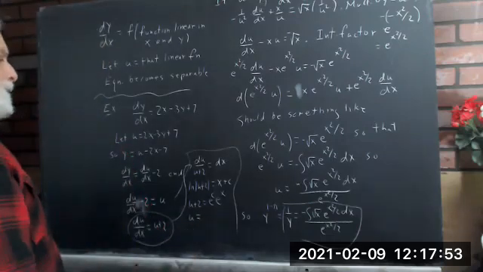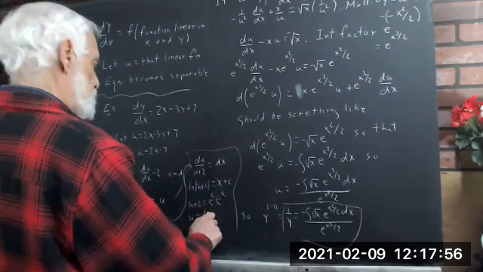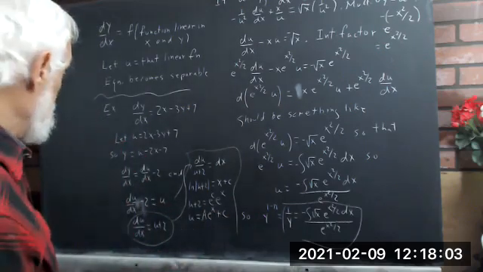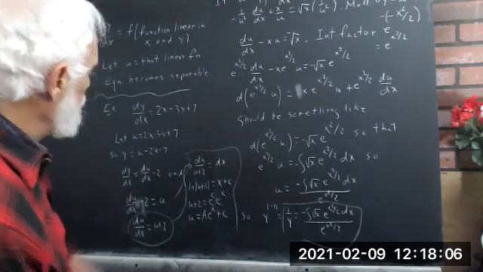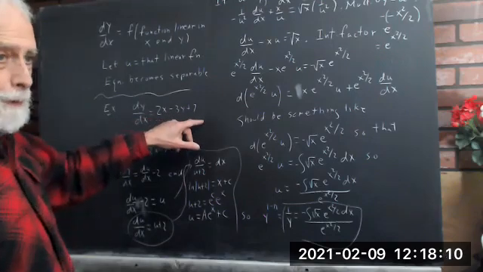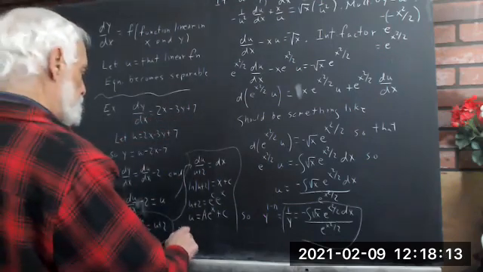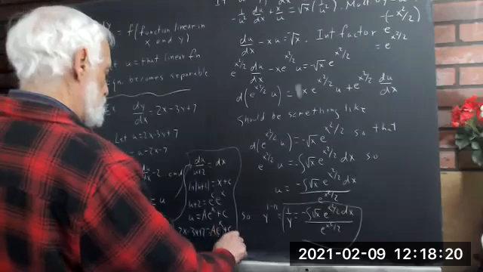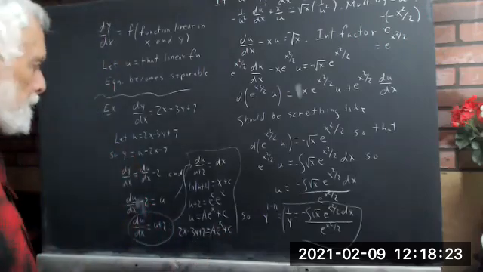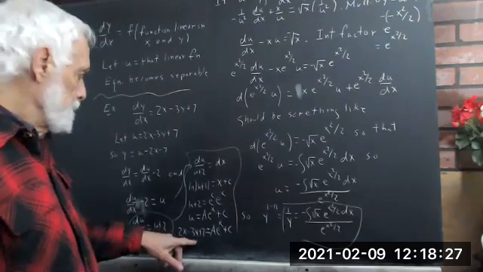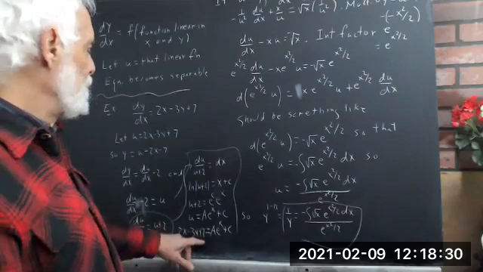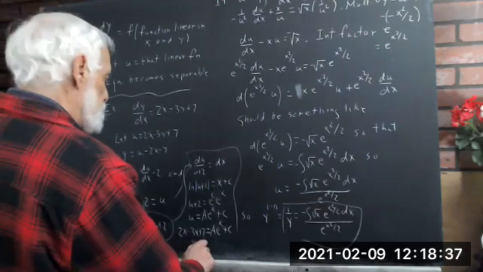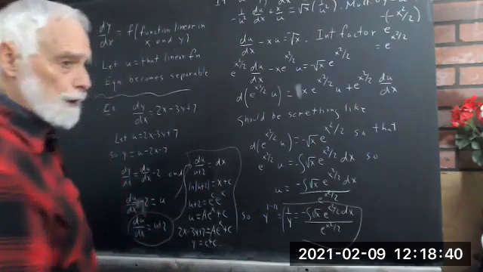And you get u equals a e to the x plus a constant, which means the 2x minus 3y plus 7 equals this. And then we solve for y. Just subtract 2x from both sides, subtract 7 from both sides, divide by -3. So I'm just going to say y equals, etc.